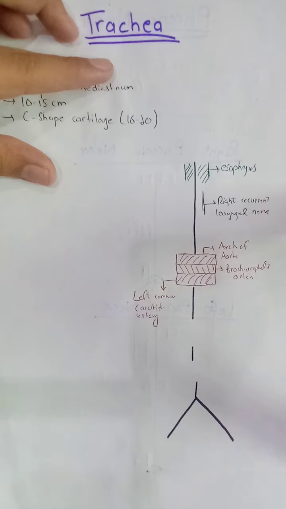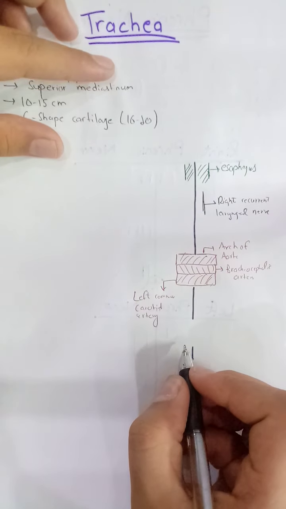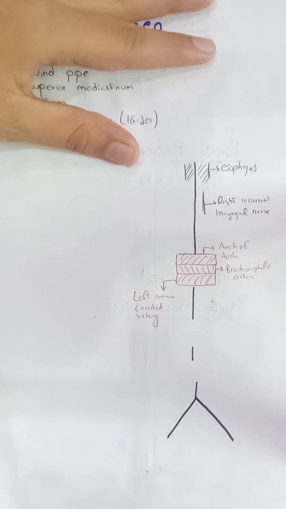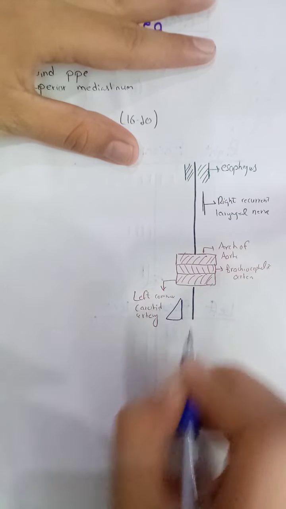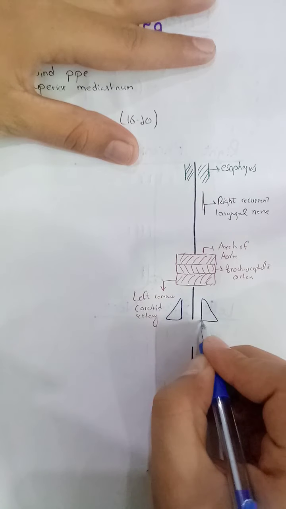Then it will move inferiorly, and on its right side will be the right lung, and on its left side will be the left lung.